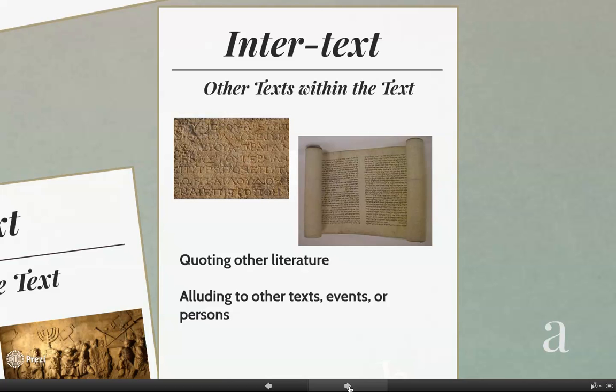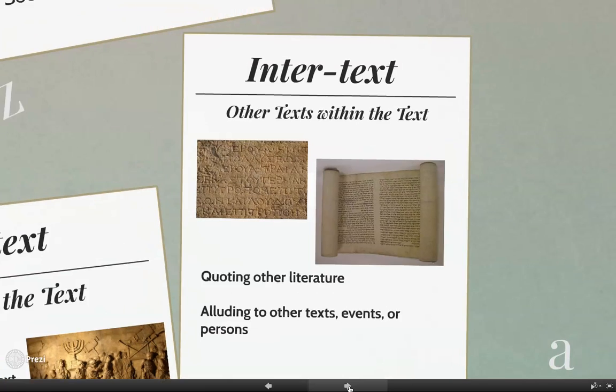These are what we would call intertexts. These are examples of an author using the work of another author to make their point. And the question is, why do they use them? Do they make any changes to this material? What sources are they relying on to make their points? So that's observations about intertext.